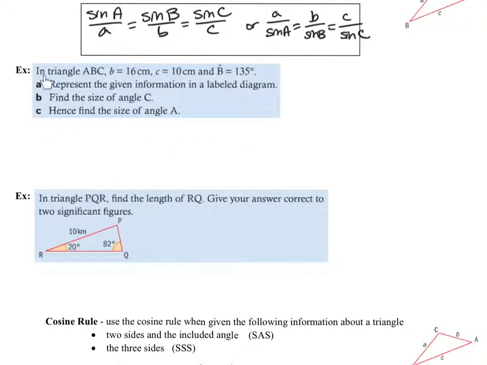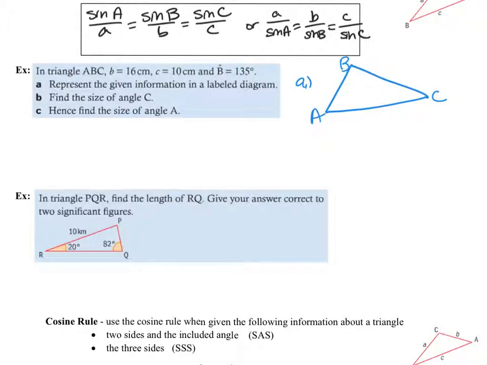In this example, it says in triangle ABC, b is 16 centimeters, c is 10 centimeters, and angle B measures 135 degrees. So part A says represent the given information in a labeled diagram. Let's go ahead and draw a triangle and call it ABC. It's important that you don't draw a right triangle, because this would not apply to a right triangle.